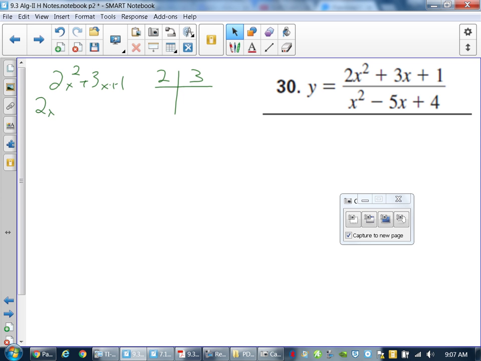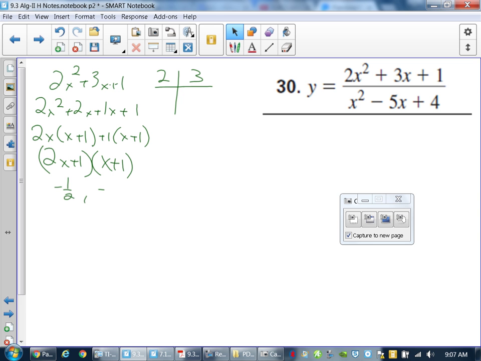So 2x squared plus 2x plus 1x plus 1. Factor it out. We have an x plus 1 and a 2x plus 1. Perfect. We have zeros at -1 and -1/2. Those are our x-intercepts.